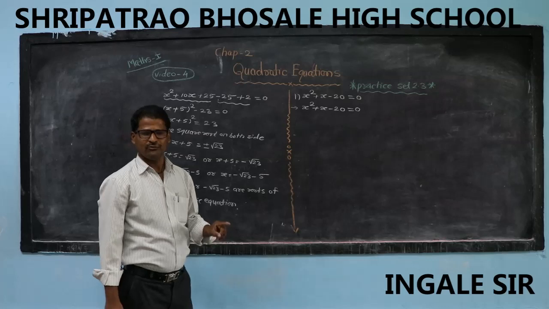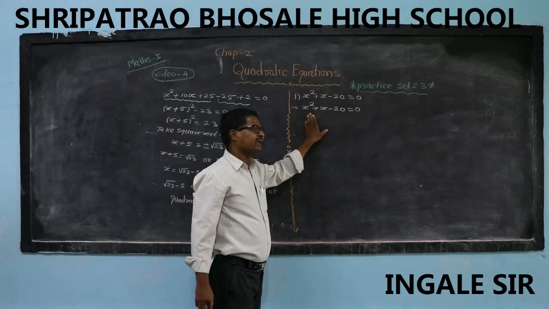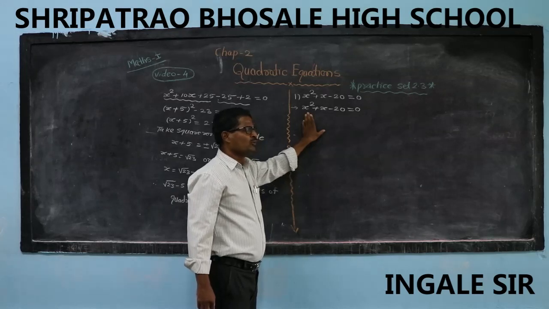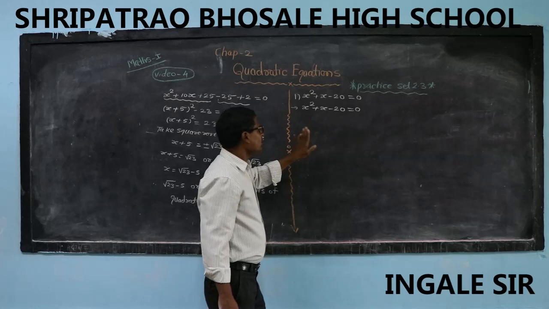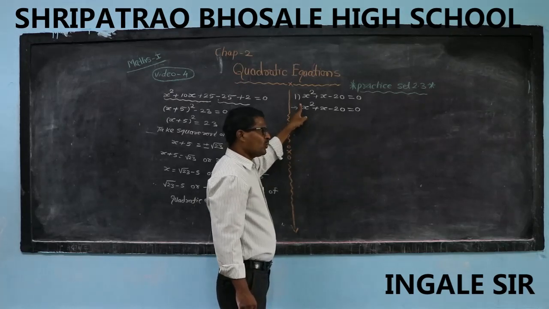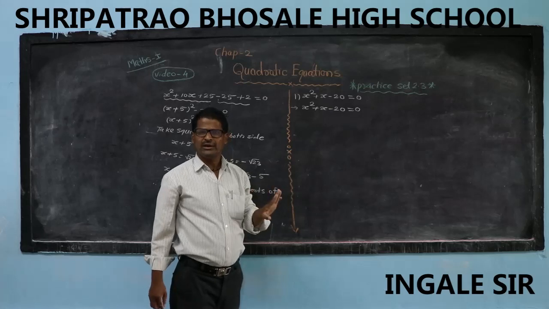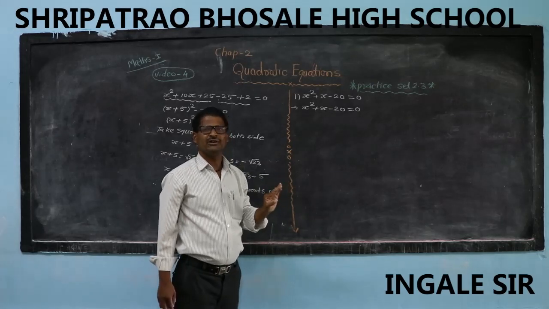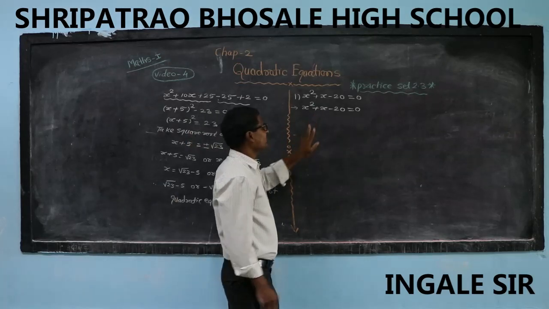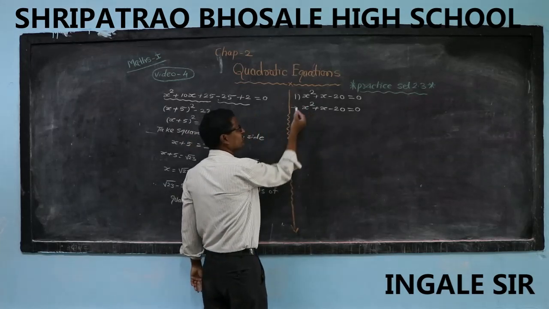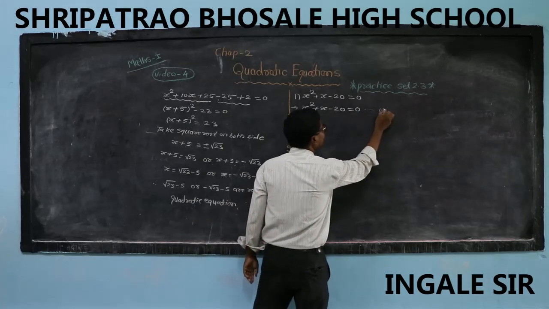When solving by the completing square method, note that the quadratic coefficient is always 1. If the quadratic coefficient is other than 1, then another method is there. Here the quadratic coefficient is 1, so no change. Call it equation 1.